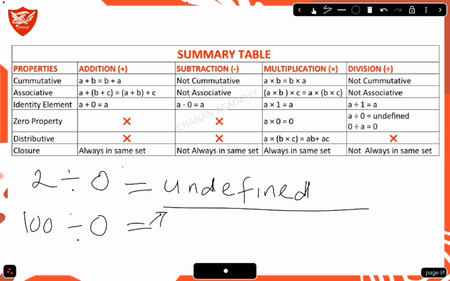It's an error when you put it on your calculator. Any value you divide by 0, the answer is undefined, because it will always give you an error message even in your calculator. That's for the first one.